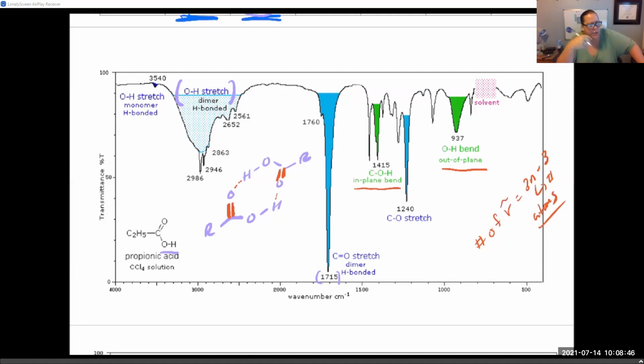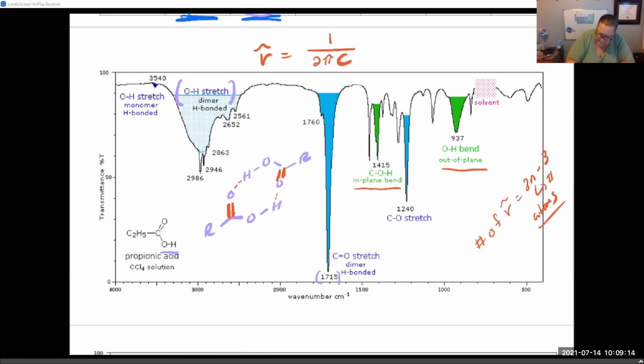Because these oxygens are accepting what? They're hydrogen bond acceptors. As a result of that, they are using electron density to form that hydrogen bond. Once they are using their electron density to form the hydrogen bond, they're literally pulling it from the carbonyl bond. And we know that the wave number is equal to this equation here.